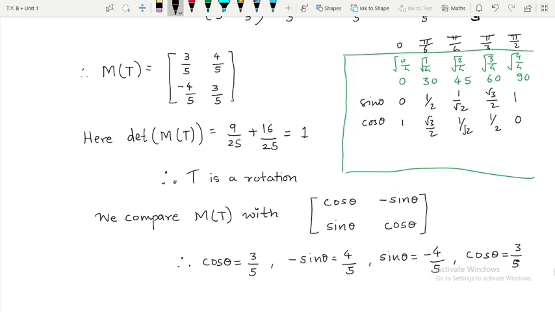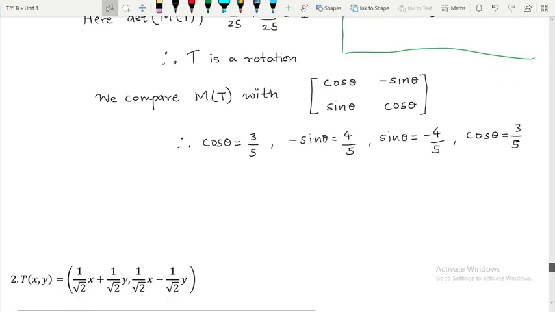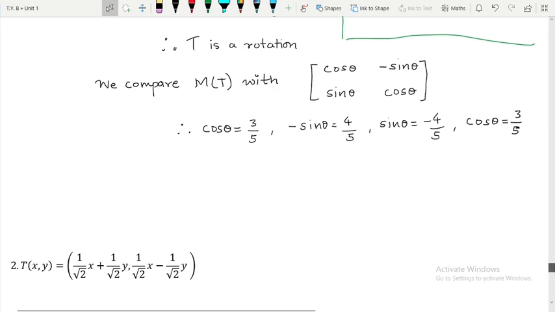Fine. So for which value of theta is cos theta equal to 3 upon 5? So we will need a calculator for that, but we don't have it. So let us find the theta directly by using tan theta. Actually, tan is not needed in order to find theta. Sin, cos are sufficient.